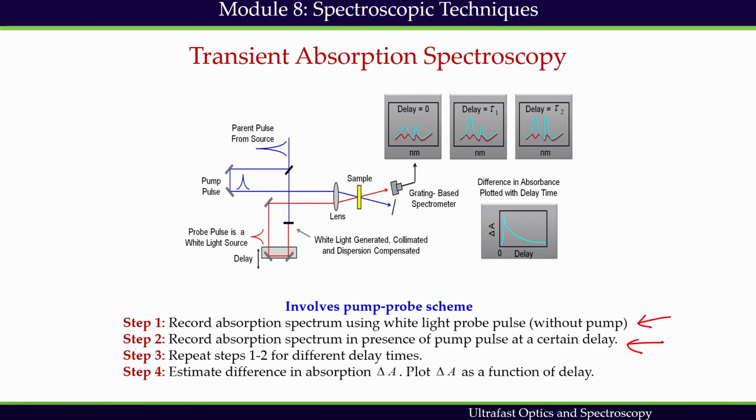Then we repeat these two steps for different time delays, and finally we estimate the difference in absorption, delta A, calculated with and without pump at a specific wavelength for different delay times, and plot delta A as a function of delay time, and we get this transient spectrum.